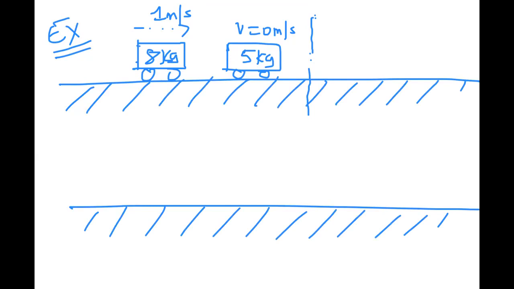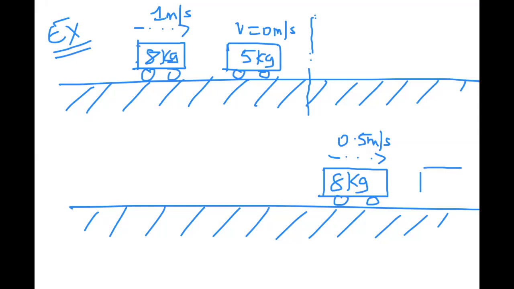So this 8-kilogram mass moves at a velocity of 0.5 meters per second, but we do not know the velocity of the 5-kilogram mass. Here we have almost all the information.